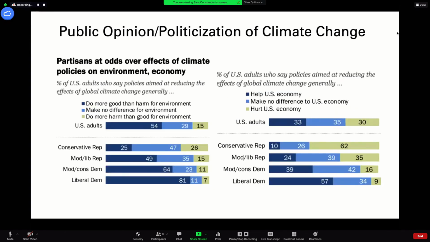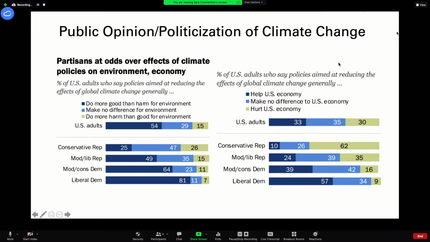Okay, so in this figure, let's focus on the one on the right. These figures look at partisan differences over the effects of climate policies on the environment and the economy. The one on the right is a little more striking, and what this shows is a really big difference between conservative Republicans and liberal Democrats in whether they think that mitigation policies hurt the US economy.